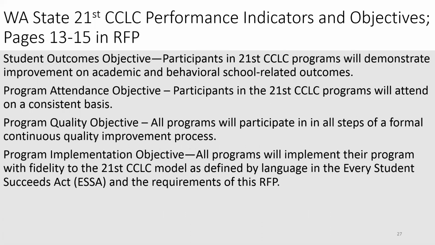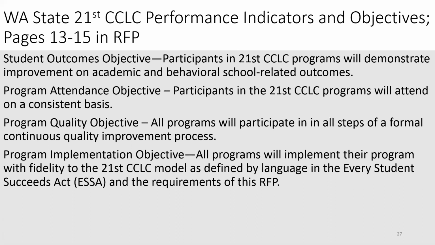So in the past, our Washington performance indicators and objectives have been predominantly aligned with what's called the GPRA, or the federal performance targets for the program that get reported on to Congress, which was primarily focused on academic and behavioral outcomes for students, with a couple of indicators about collaboration and partnership and timeliness of state grants submitting their applications to the federal government.